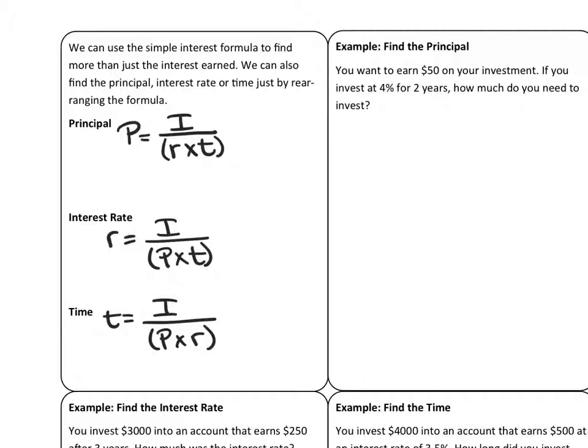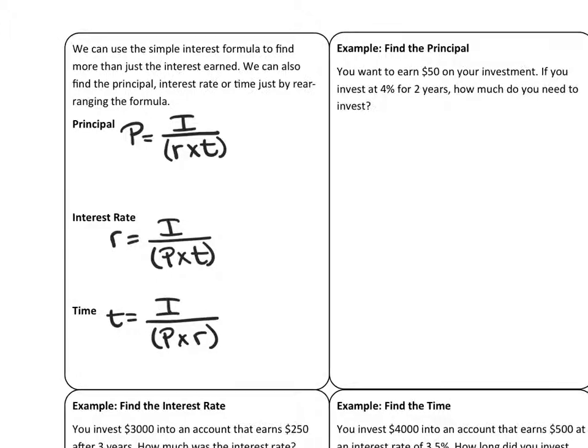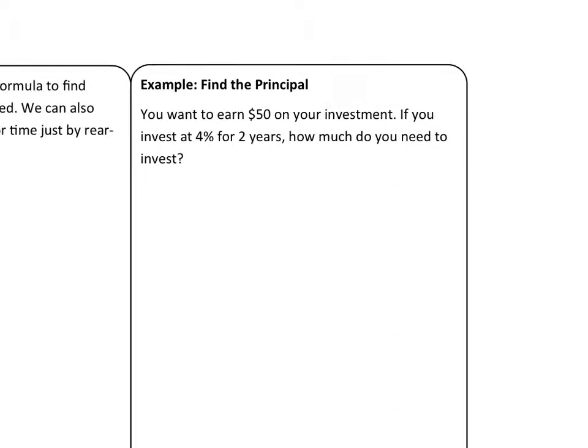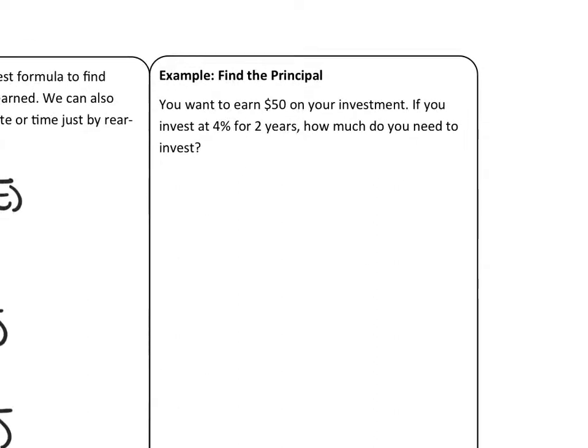Now just remember that T is in years, so if it's not in years, we have to change it. And R has to be in decimal form, so you have to change it. I'm going to do quick examples to show you how to use each one, and then you'll have time to do the practice stuff.